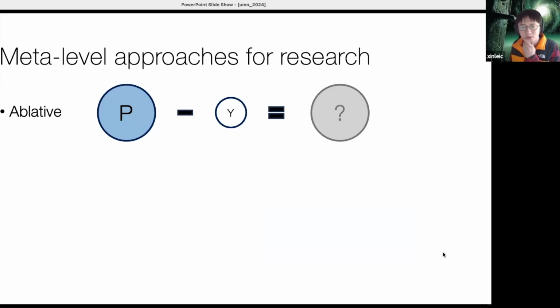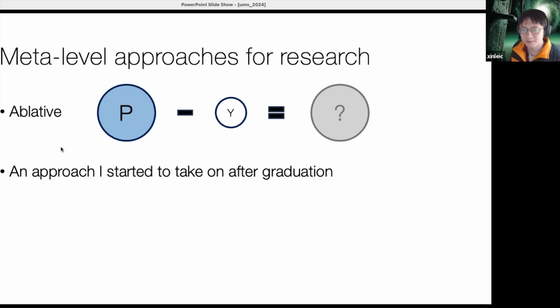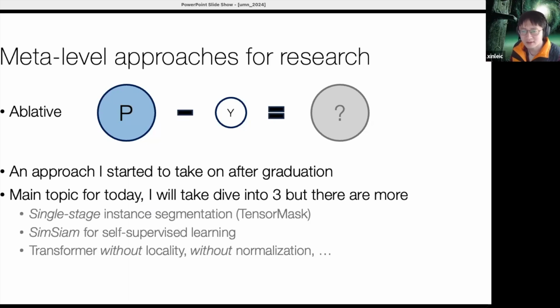So that leads to the second type of research I want to share, and this is the main research type I would like to share. This is a meta-level approach I started to take on more and more frequently after graduation. I'll talk about 3 episodes or 3 examples for ablative research, but there are many more since I graduated.